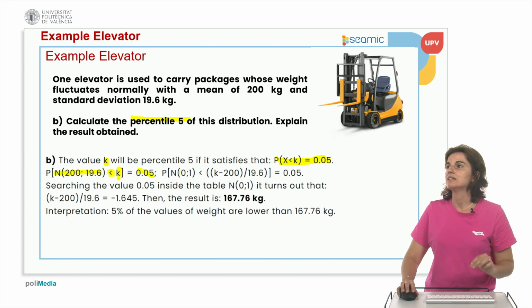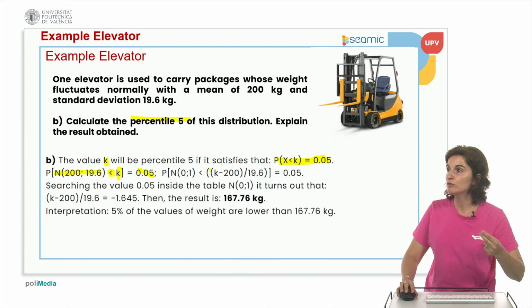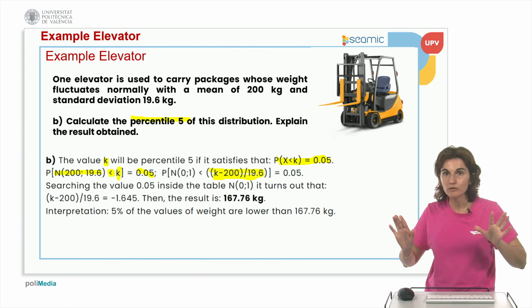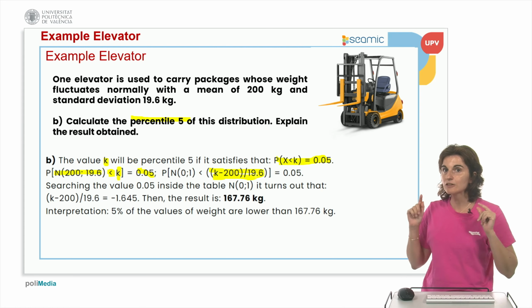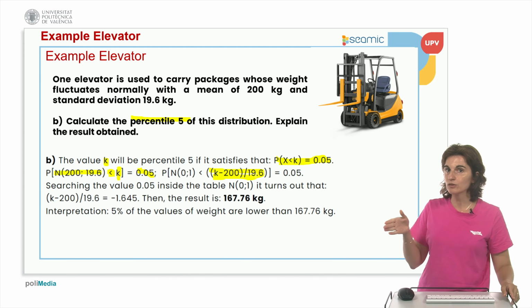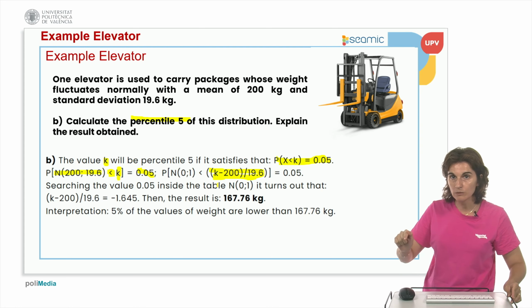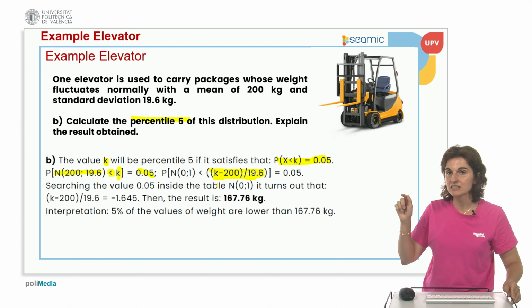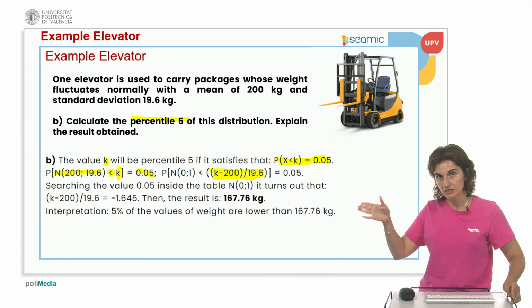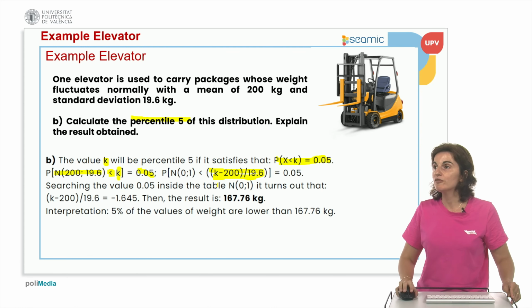So the probability that a normal distribution is less than the corresponding standardized value for the z-score if we knew the value of k. So we don't know the value of k, so we cannot obtain the z-score, but instead of that, we could find the zeta value that leaves 0.05 on the left, 0.05 below. So this is what we are going to do. You go to the tables and then you search the zeta value in a standardized normal distribution, 0 mean, standard deviation 1, which is the value that leaves 0.05 below, and you will find that it's negative 1.645.